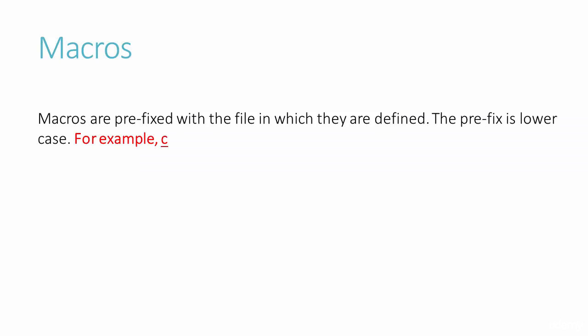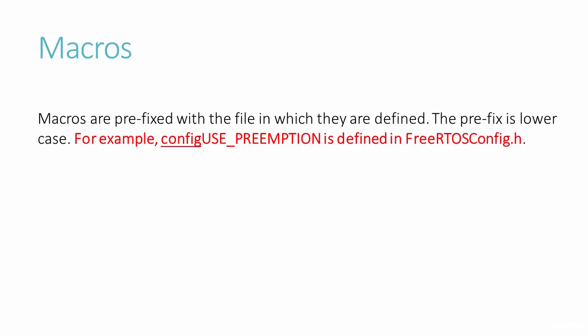In this lecture, let me quickly talk about the convention of macros used in pre-RTOS kernel source files. Let's begin. In pre-RTOS, macros are prefixed with the file in which they are defined. The prefix is lowercase. For example, consider this macro config use preemption.